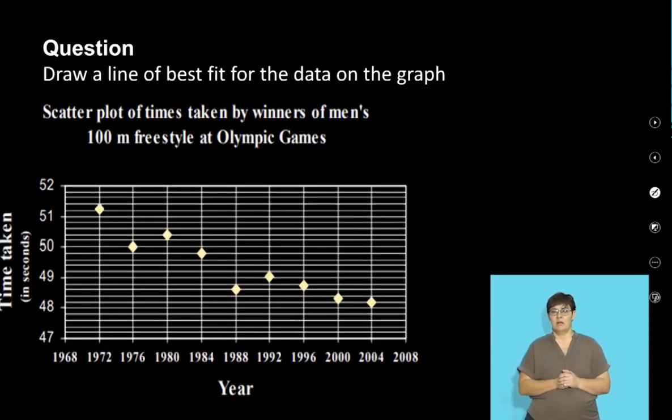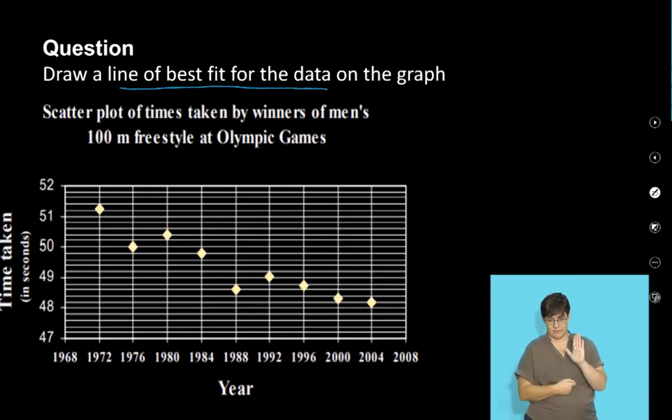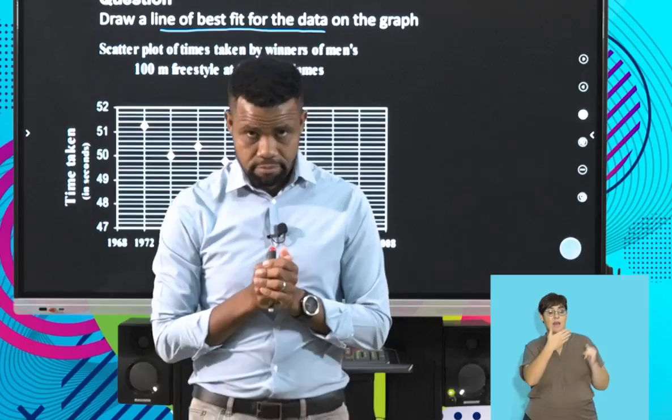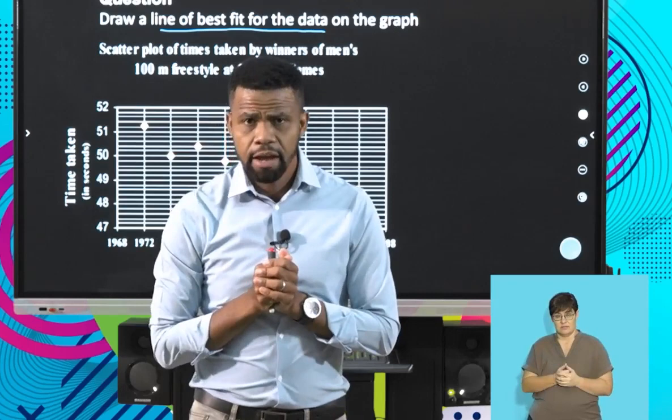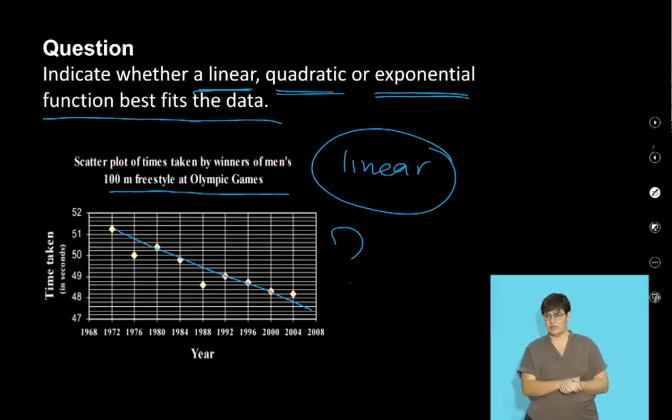Let's look at the next question. Now, draw a line of best fit for the data on the graph. So now we have to draw the line of best fit. Just to remind you again about the line of best fit, I kind of drew it. If you look at that, I said, if I draw that, this is my line of best fit, but I didn't say this is a line of best fit.